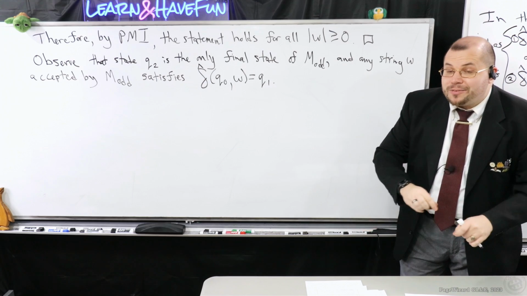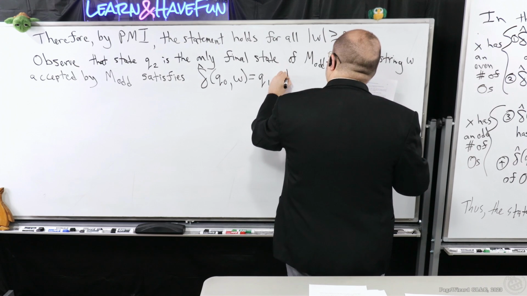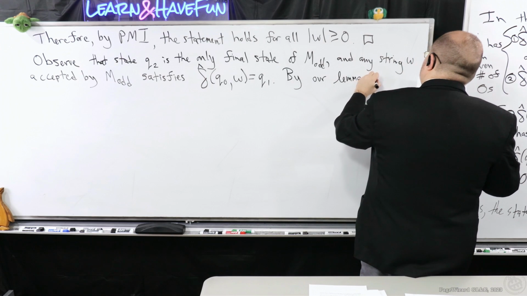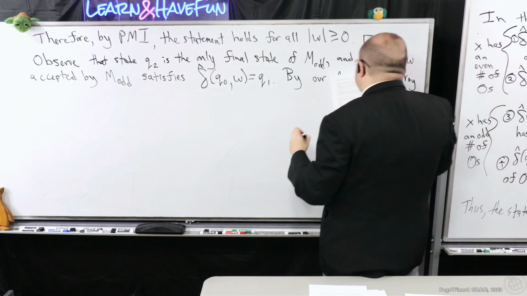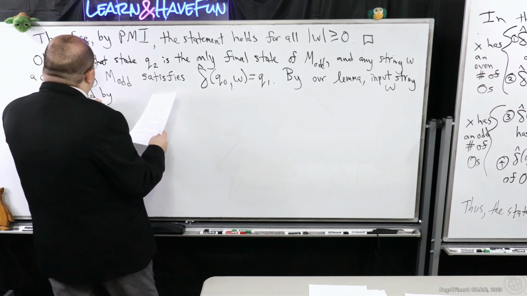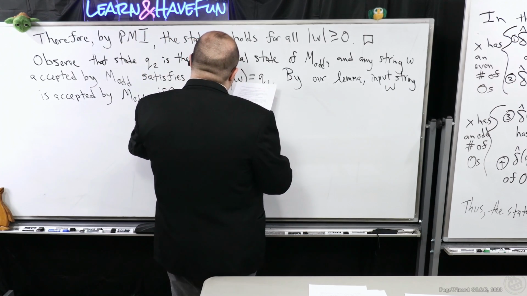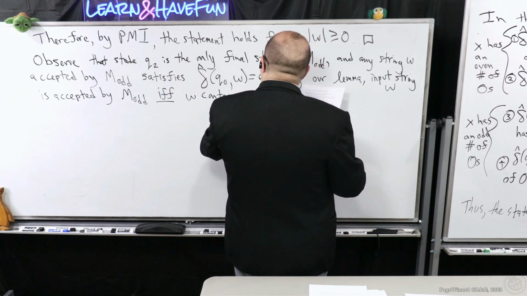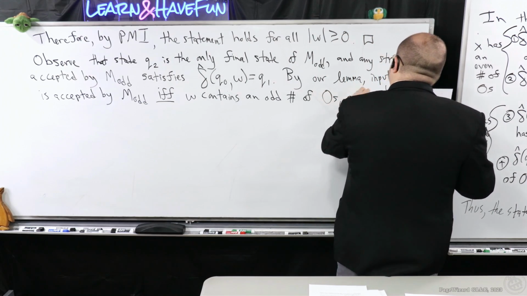So now I just invoke the lemma, right? So by our lemma, input string W is accepted by M odd if and only if W contains an odd number of zeros, as desired.